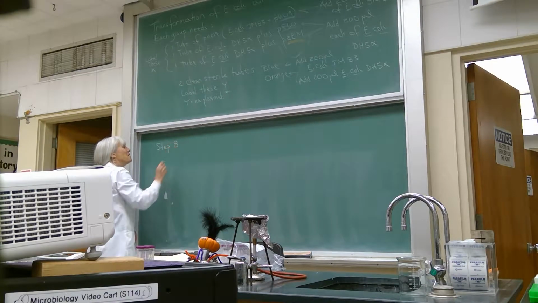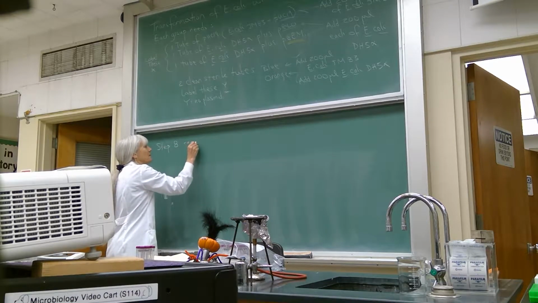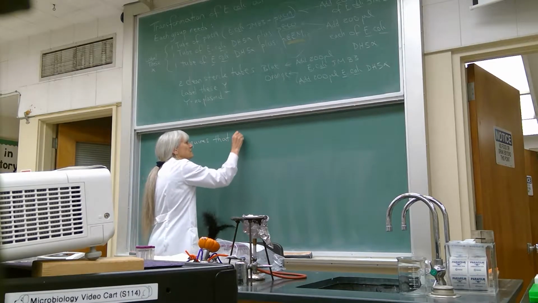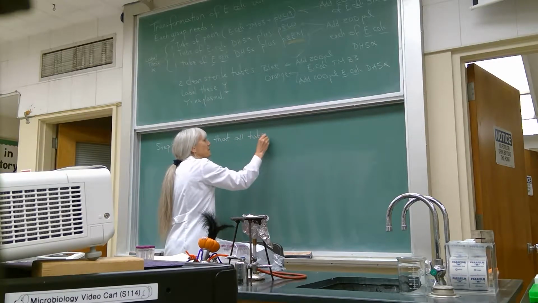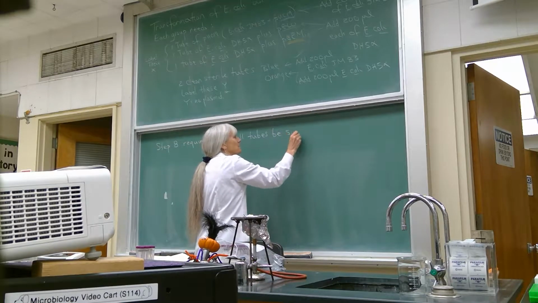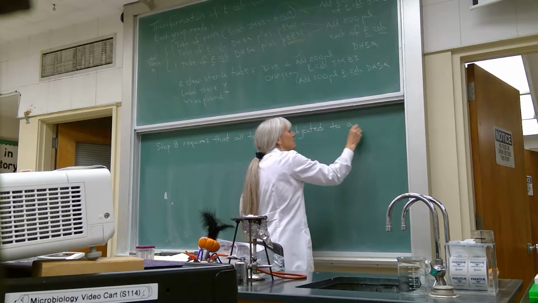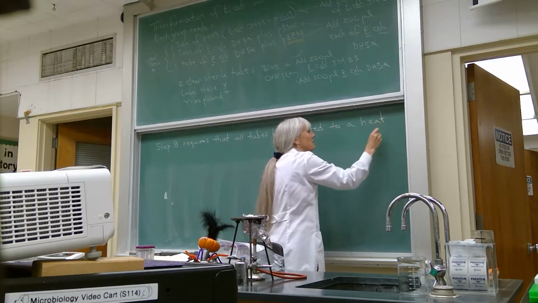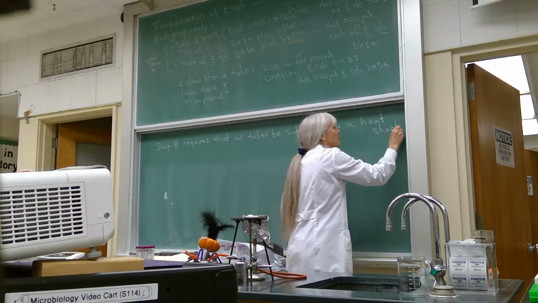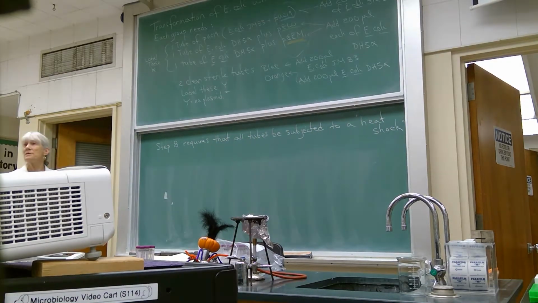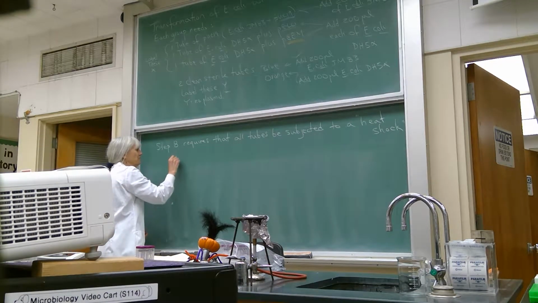Since you don't have numbers on any of the rest of these steps, this is probably confusing, but step 8 requires that all your tubes, the E. coli in the tubes, are all going to be subjected to a heat shock. This is exposure to 42 degrees centigrade.